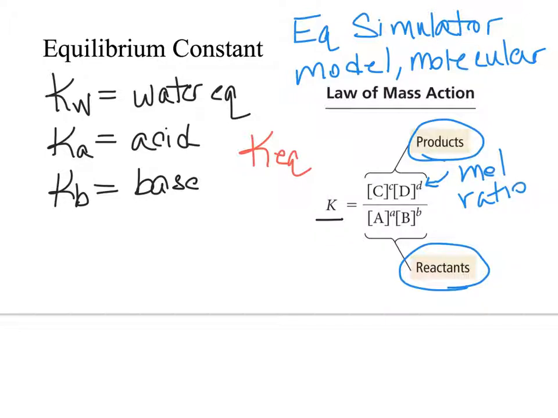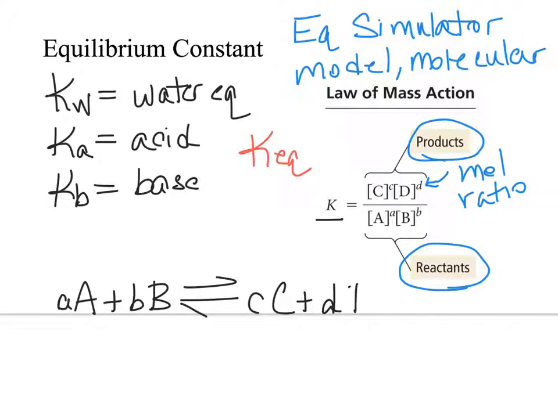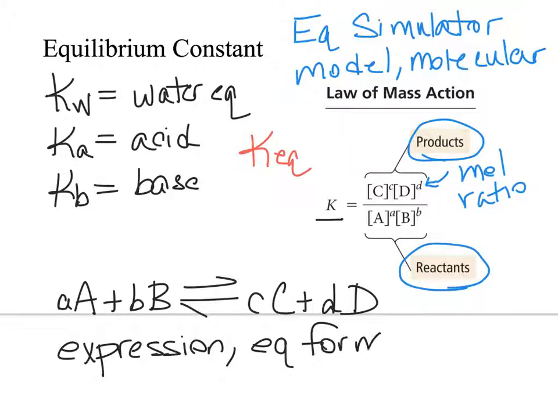So looking at this, I could write the reaction little a, big A, plus little b, big B, goes to little c, big C, plus little d, big D. All right, so when we're talking about writing the expression for the reaction, all we're doing is writing this equilibrium formula. So that's the first thing that we're going to learn how to do.